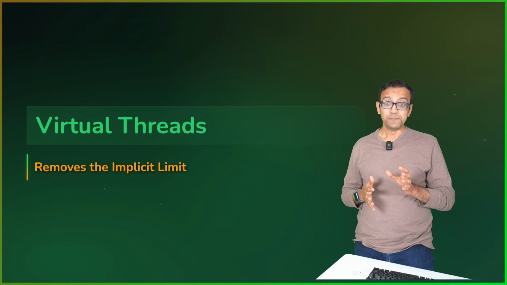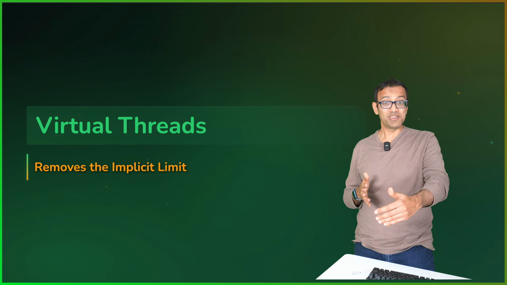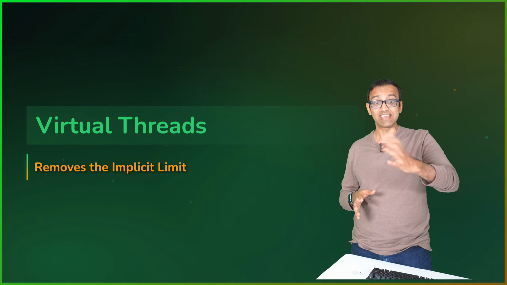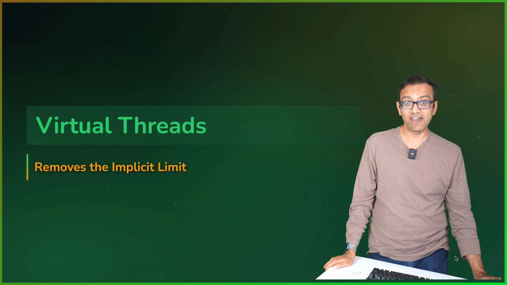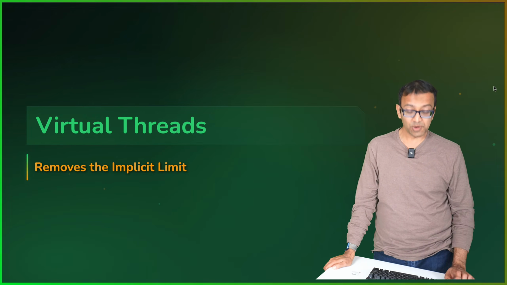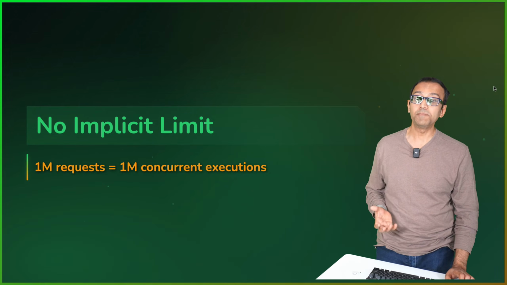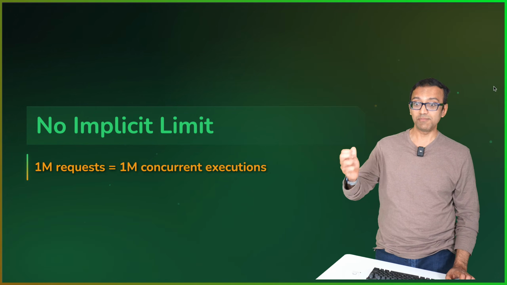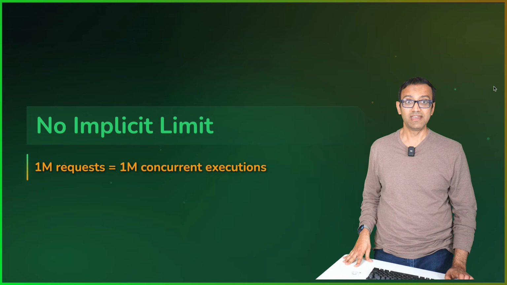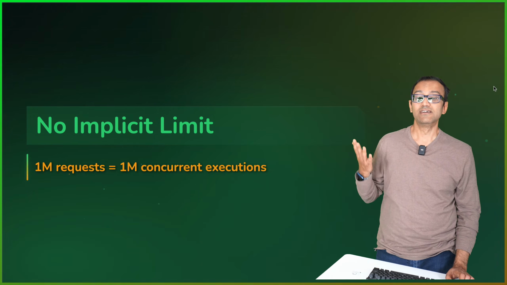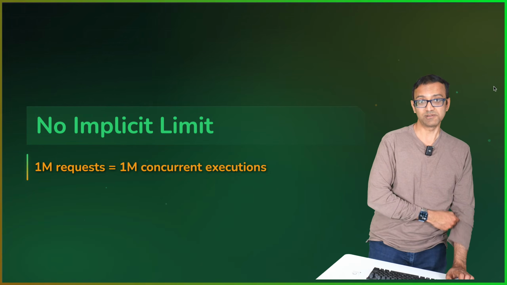Now there's nothing stopping you from having thousands of threads hit the database. Understood? That's a problem. You have no natural limit. There's no implicit limit. When you get 1 million requests, you're going to get 1 million database queries at a time, and you could potentially run out of connections in the connection pool.